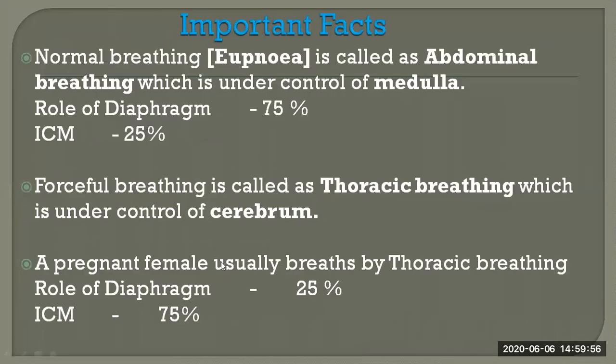Now an important fact, very important for your exam. Normal breathing, that is eupnea, is also called abdominal breathing, which is under control of the medulla, the hind part of the brain.